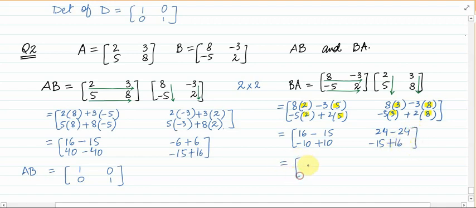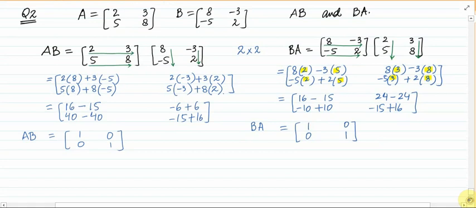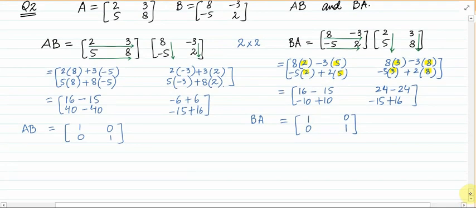So 16 minus 15 is 1, giving 1 0 0 1, right? So that is BA. Now AB and BA are both equal, and they both equal the identity matrix.